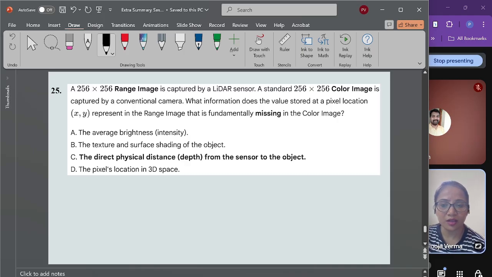So the correct answer for this question is option C, the direct physical distance, depth, from the sensor to the object. That is missing in the color image. At pixel location XY, the distance is present in the range image and it is missing from the color image. Okay.